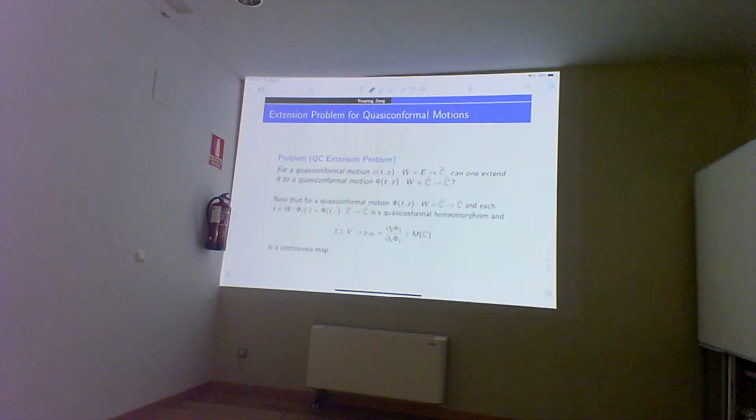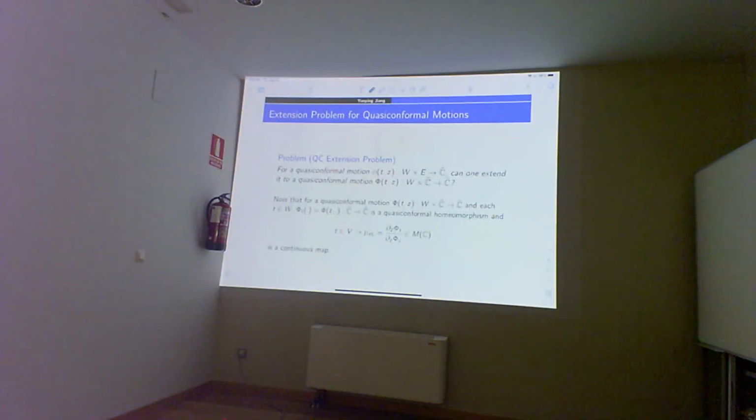Compared to the holomorphic case, where you can control K, here the dependence is continuous only, so you cannot control K. For a quasi-conformal motion from W cross C hat to C hat, for each t this is a quasi-conformal homeomorphism. That's no problem, because the cross ratio is preserved, if you argue a little bit.